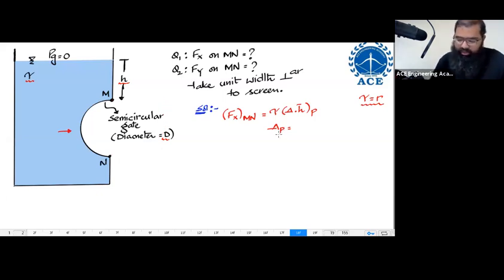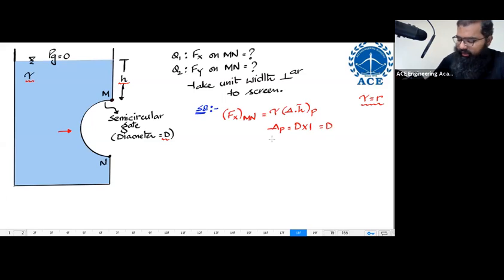So area projected is the height, equal to diameter, multiplied by the width. I'm looking from the side view, and the width perpendicular is 1 unit. Therefore, area projected is equal to D itself.